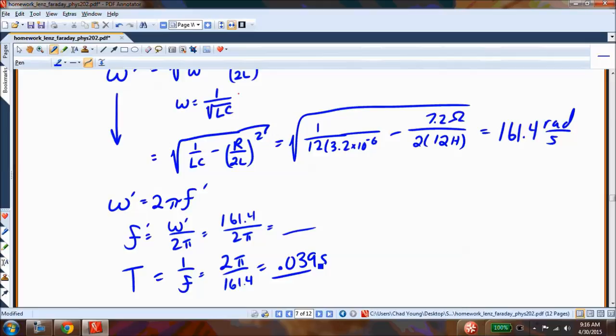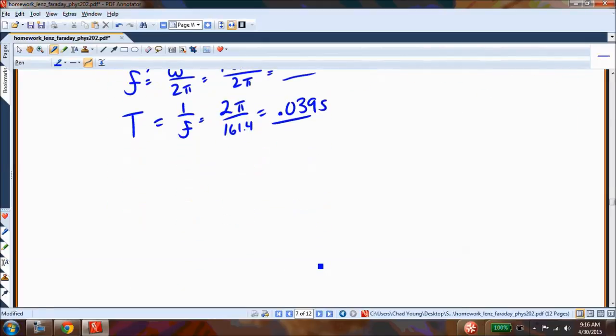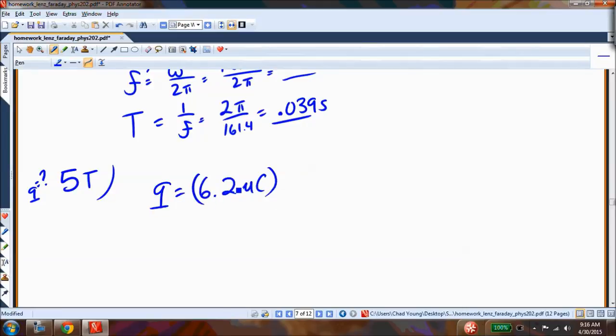Okay, so now I'm ready to calculate my charge, because I want to know what is the charge after 5 time intervals, after 5T. Q equals what after 5T? And so I just say Q is equal to 6.2 microcoulombs, that's my maximum charge, times e to the minus Rt over 2L.